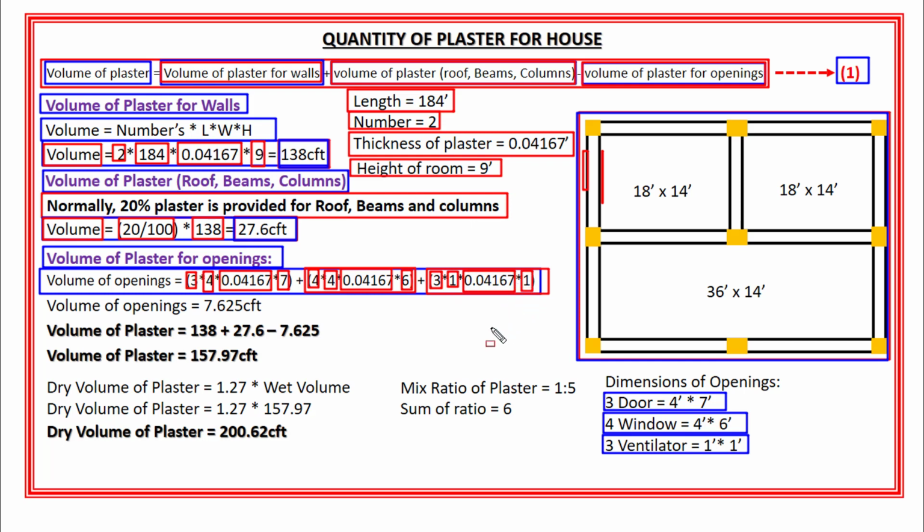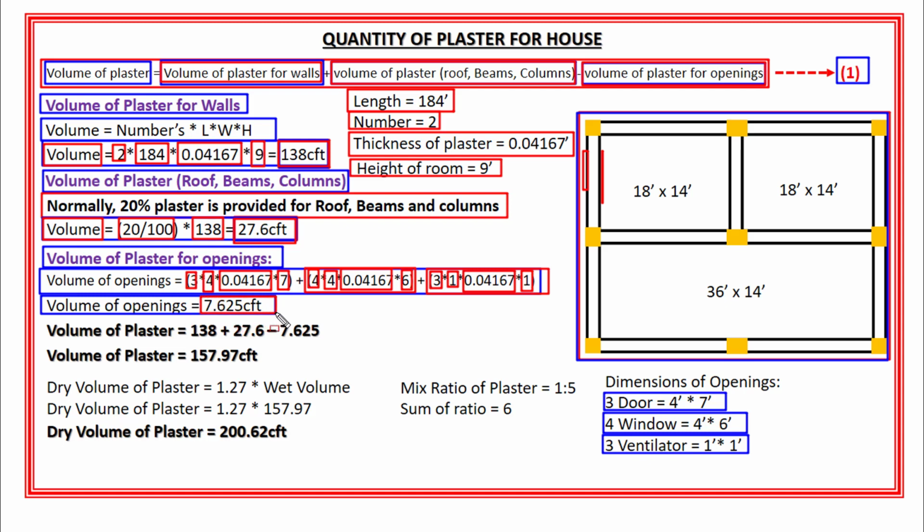Okay, and the total volume of plaster in openings will become 7.625 cubic feet. Right? Now I have found the volume of plaster for walls, the volume of plaster for roofs, beams and columns, and also the volume of openings as well.